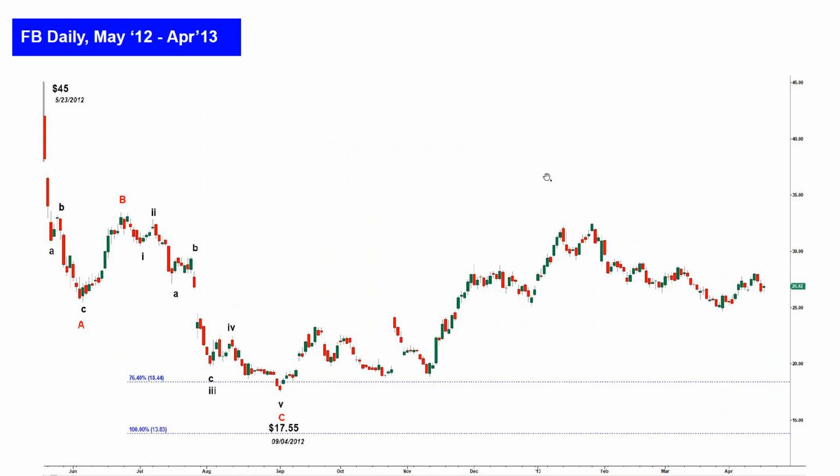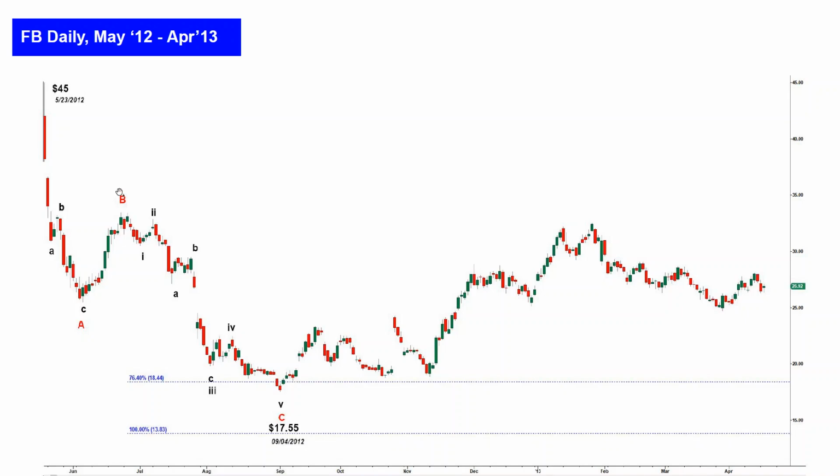Now I want to show you a couple of examples so you understand I'm not lying to you and I'm not making it up. Facebook made its IPO in May 2012, and on the first day of the IPO the shares reached the top of $45 on May 23, 2012. Then we got ABC: A down, a corrective pullback and B up, and a sharp drop with an impulsive structure.